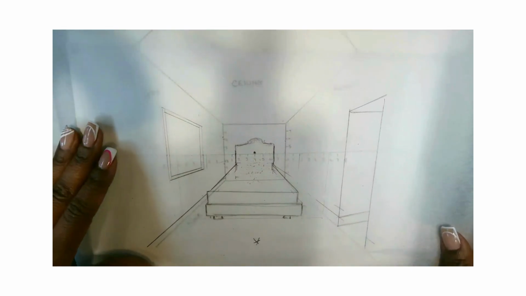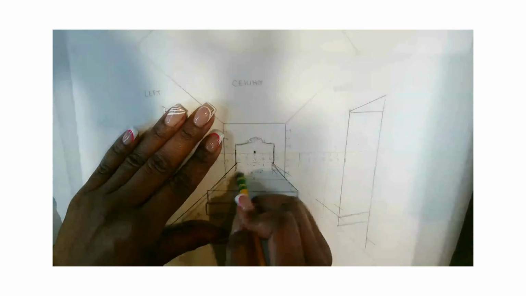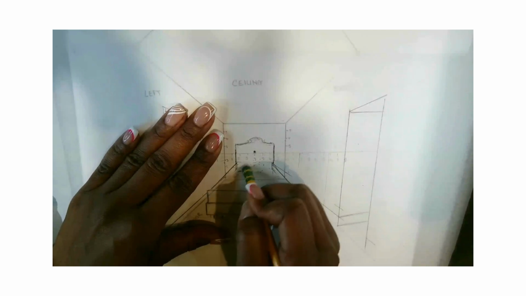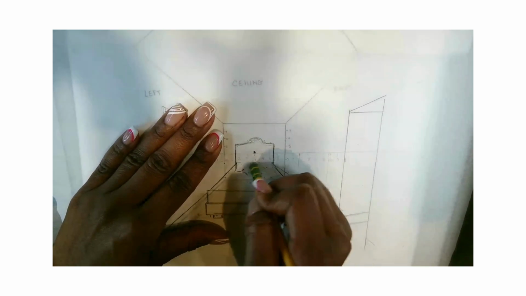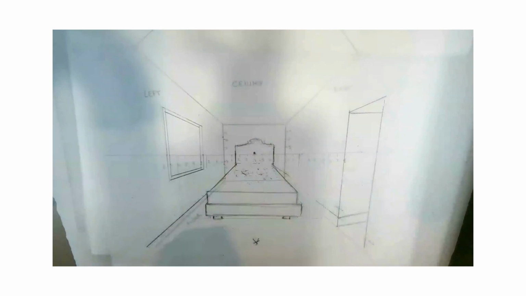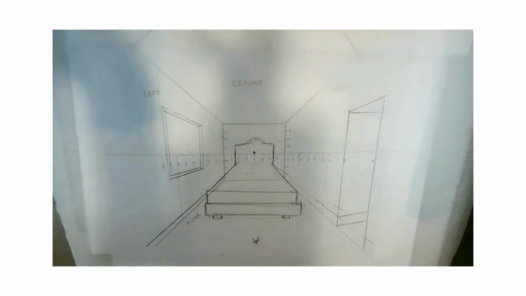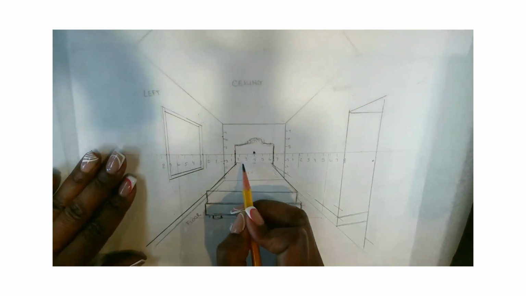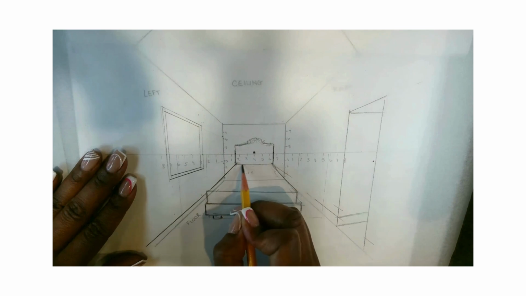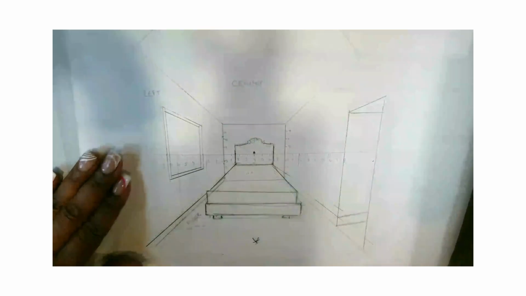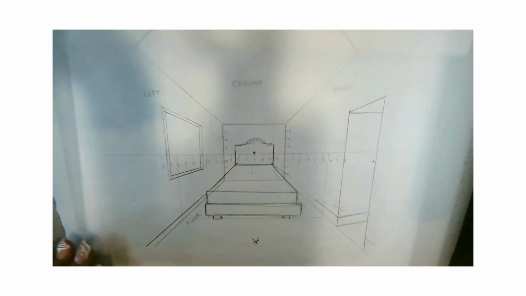I've moved a little bit off of that vanishing point there. The only line that I don't want to erase is I want to keep the line here that showed the top of the mattress, because that way I can see how it connects.